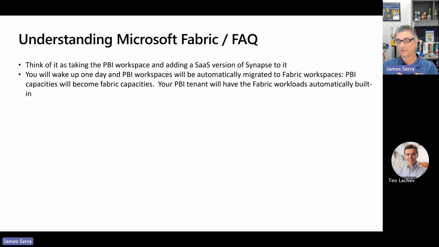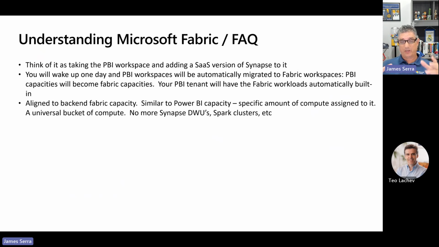There's nothing more that you have to do other than click a slide bar or a checkbox and you get all these capabilities. A big change is the capacity units that you choose get pre-assigned to your tenant and your capacities, and you've got many capacities per tenant. And then you assign workspaces to those capacities. Whatever product you use within Fabric is going to pull from that capacity.